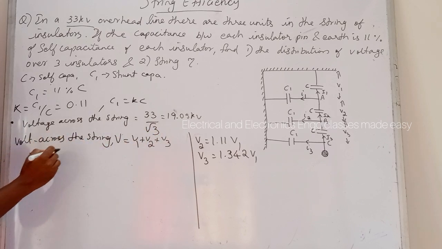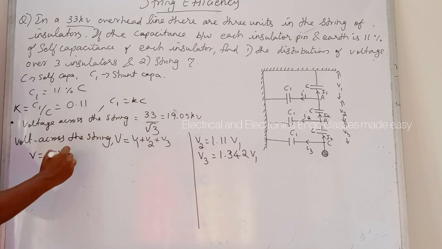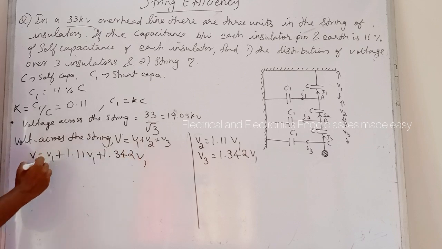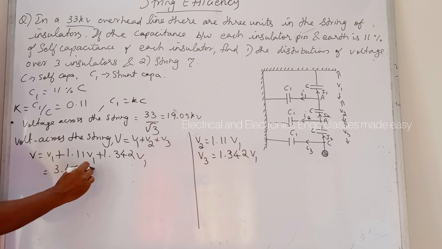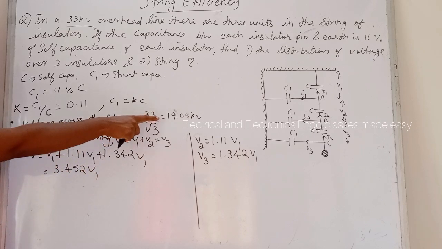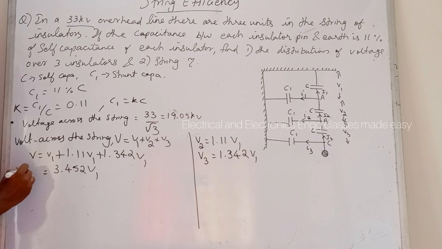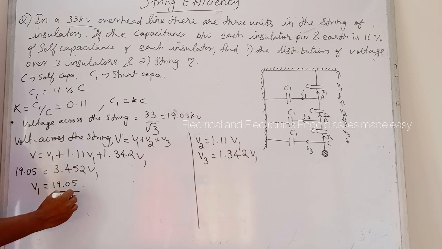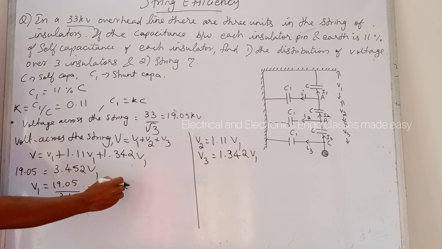That is, V is equal to V1 plus 1.11 V1 plus 1.342 V1, and that is equal to 3.452 V1, and here V is 19.05 kilovolt. So we get V1 as 19.05 divided by 3.452, and that is equal to 5.52 kilovolt. So V1 is 5.52 kilovolt.